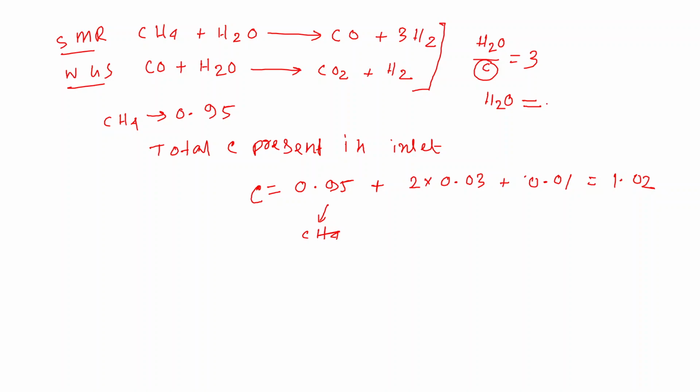How many moles of water will be fed into the reactions? This is 3 multiplied by 1.02, which is 3.06. Okay, 3.06 mole. So 3.06 mole of water will be used in the inlet of the SMR reactions.